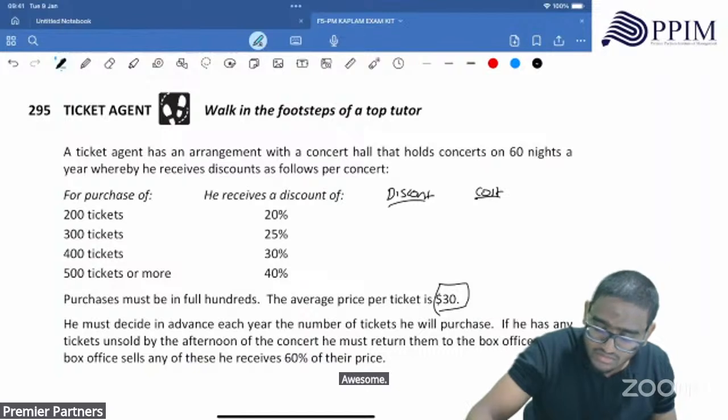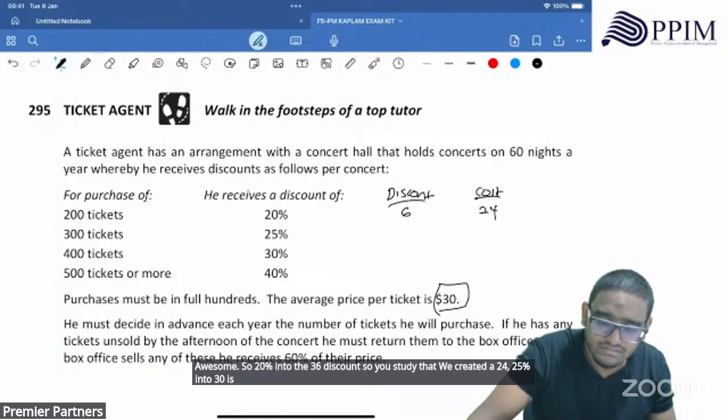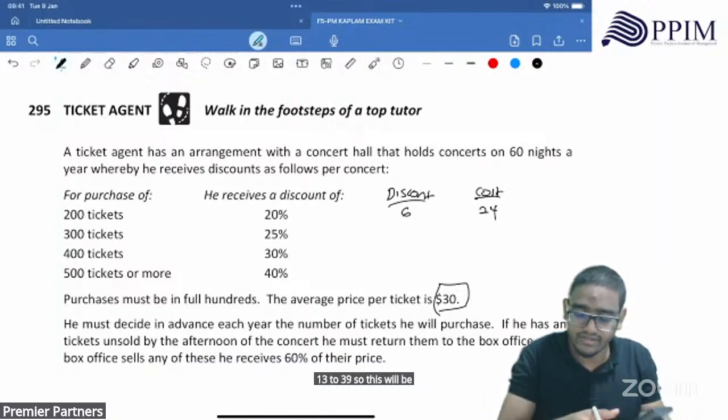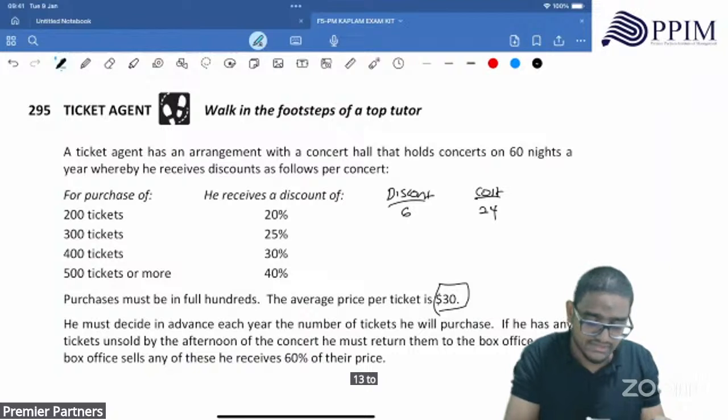So 20% of 30 is a $6 discount, so you get it at 24. 25% of 30 is how much? 7.5 discount.